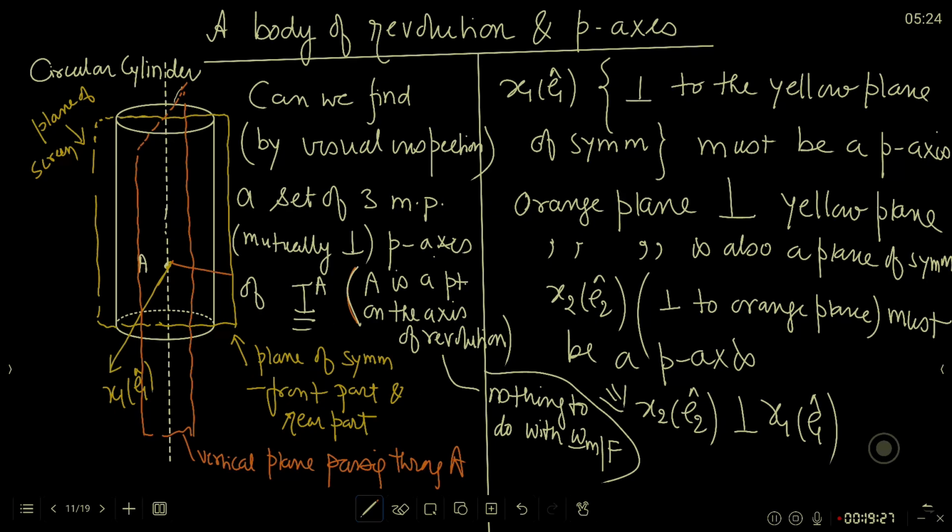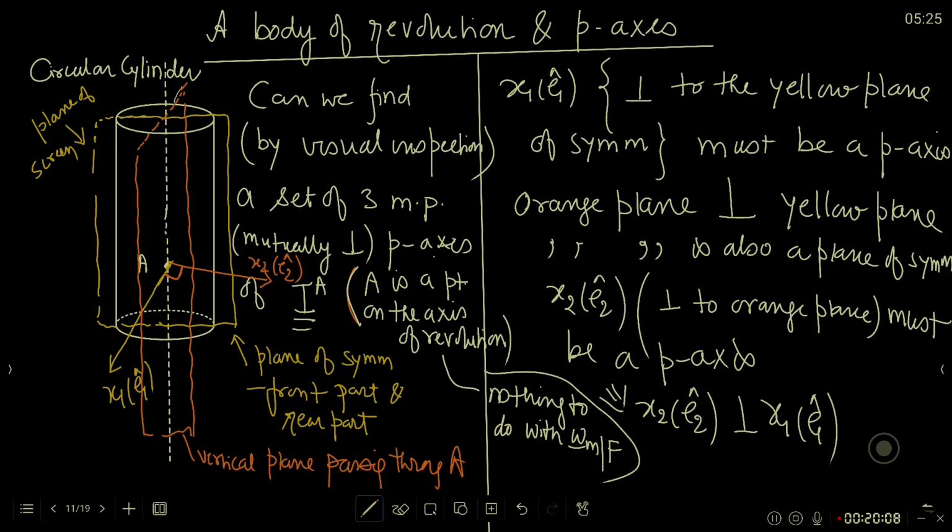I know the figure is getting cluttered, but if you watch my video and look at the notes, I am very sure you will be able to figure out what I am trying to say, because this cluttering doesn't happen all at once; gradually I keep putting more information while I speak. So x2 E2 is another axis which will be perpendicular to x1 E1, and x2 E2 is also a P-axis.